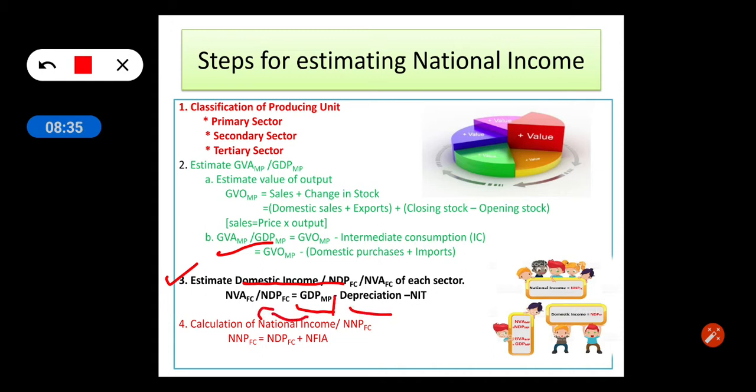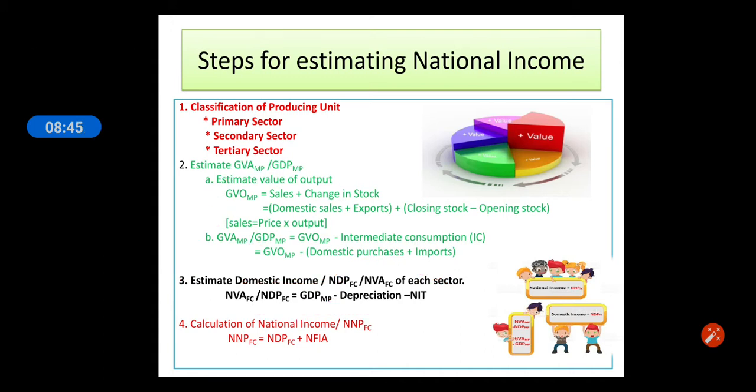You don't have to memorize this formula. You have to memorize only the first two, the A and B formulas. The third step formula you don't have to memorize, because if you have GVA or GDP, you can easily convert to anything. So GDP is here, and we have to find domestic income.